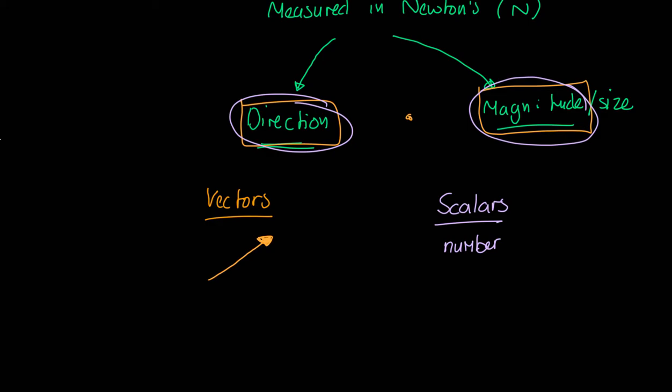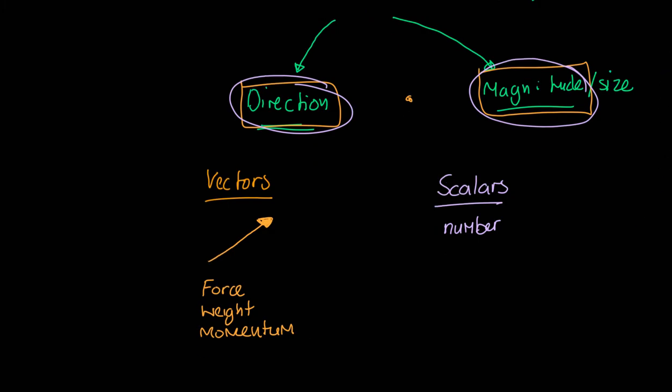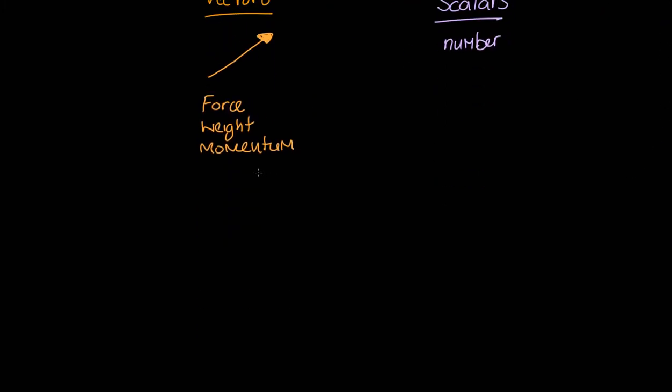And all I'd like you to grasp at this point is that vectors include the following. Vectors are force. They are weight. Force in general. Weight, of course, is a force. They are momentum. These are examples of vectors that you could effectively illustrate with an arrow at some point. So vectors are force, weight, momentum, things like acceleration, because of course we've got acceleration in a particular direction. Velocity is a vector.